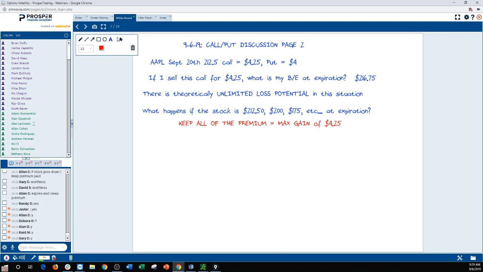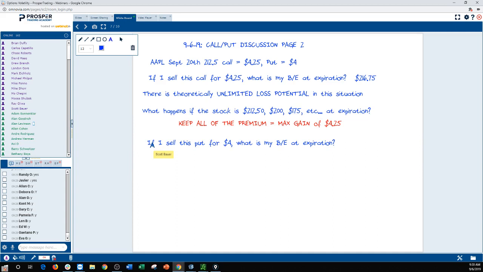Awesome. Okay. Now, if I sell this put for $4, what is my break even at expiration? First off, same as in the long put, 212 and a half.